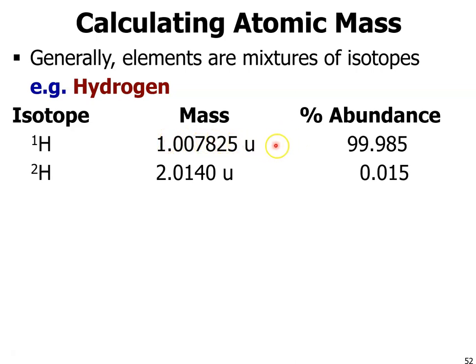But the abundance of hydrogen isotopes with no neutrons is 99.985%. However, with 1 proton and 1 neutron, which has an atomic mass of around 2, the percent abundance is approximately 0.015%. So hardly any of them.